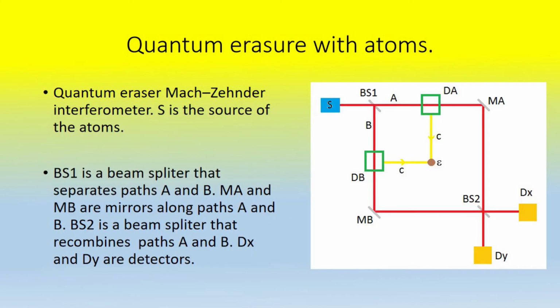In this quantum erasure Mach-Zehnder interferometer, S is the source of the atoms, BS1 is the beam splitter that separates paths A and B, MA and MB are mirrors along paths A and B, and BS2 is a beam splitter that recombines paths A and B, with DX and DY being the detectors for the atoms.